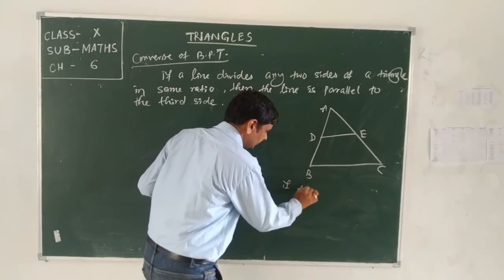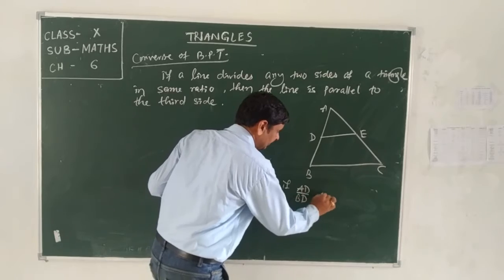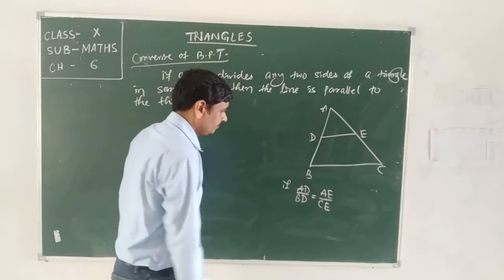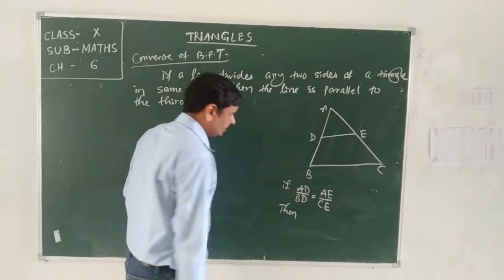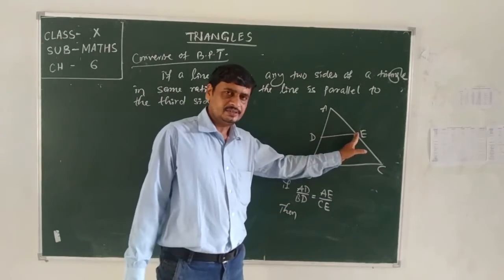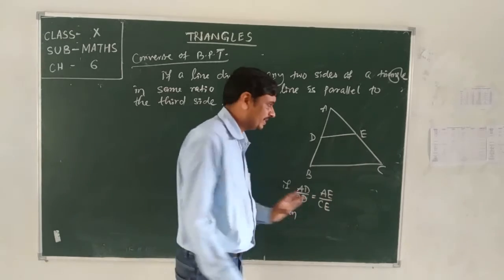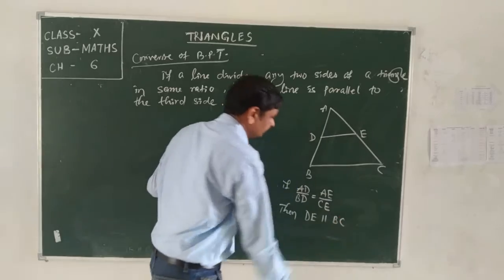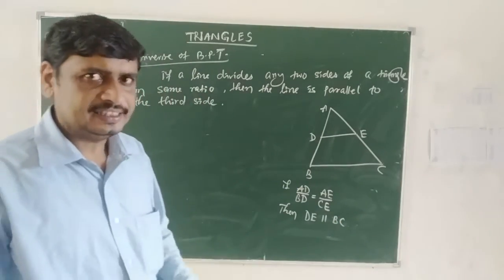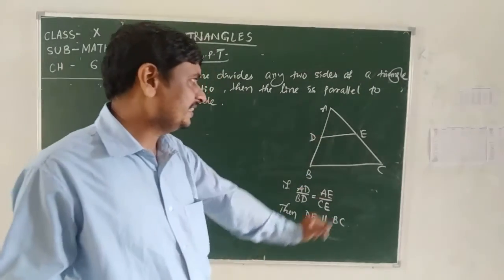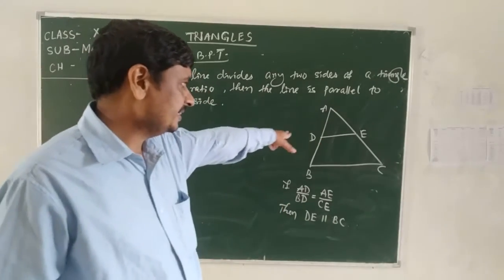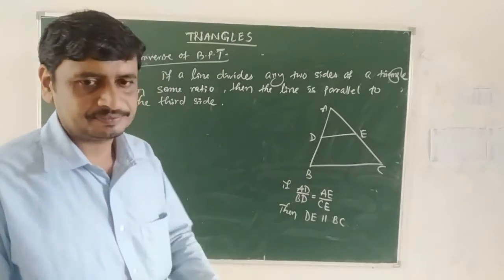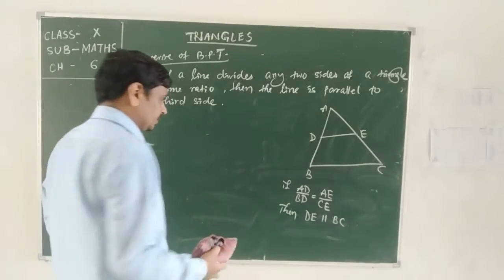If AD by BD and AE by CE are equal, then this line will be parallel with one side, this side BC, so DE is parallel with BC. If AB and AC are divided by this line DE in the same ratio, then that line DE becomes parallel to the third side, the side BC here. We have to show it. Let's prove it.